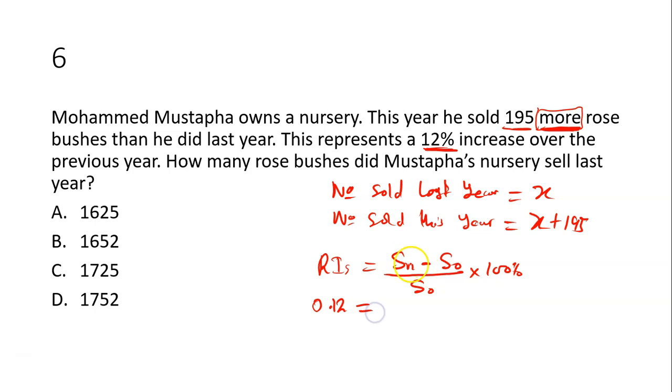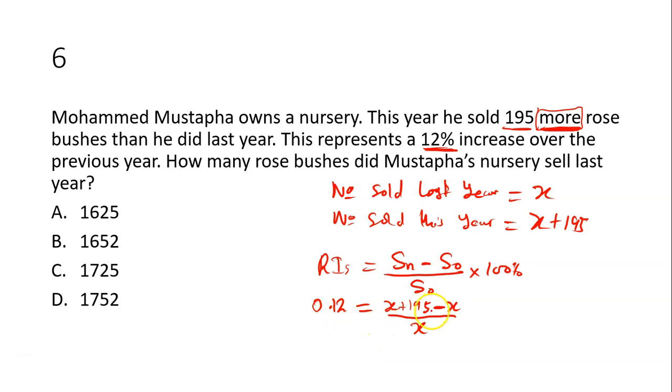So equals, the new sales is what? X plus 195, isn't it? So we have X plus 195 minus the old sales, which is last year, is X, divided by the old sales again, which is last year, X. Now, I won't multiply it by 100 again because I've converted the rate to decimals, so there's no need multiplying it by 100.